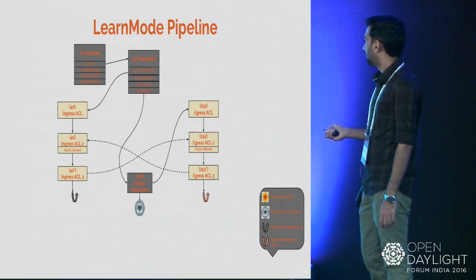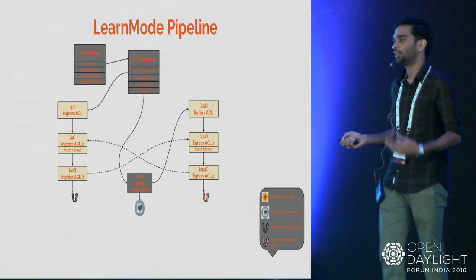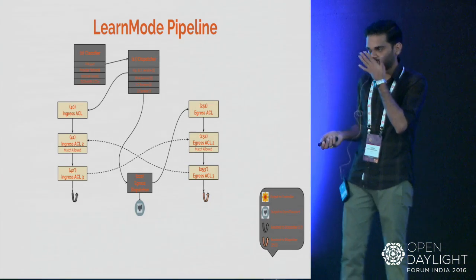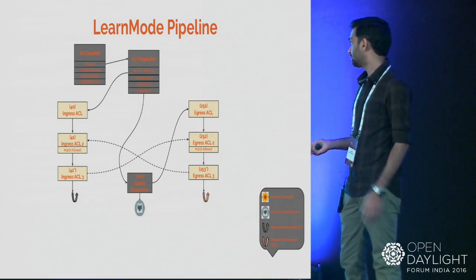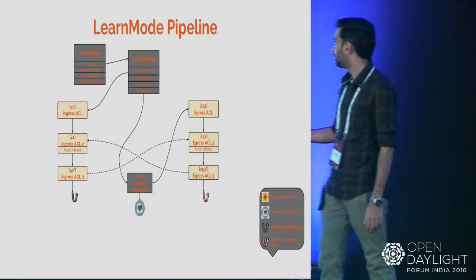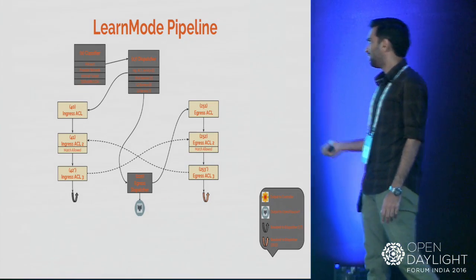And it will come to 253. Now 253 should have a rule which allows ingress traffic to the destined VM, because that VM should allow ingress traffic. So that rule will insert a rule into table 41, and the packet goes to that VM.